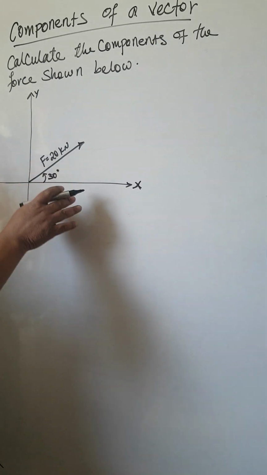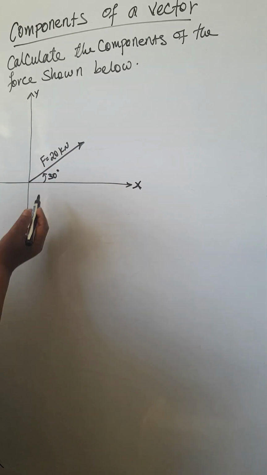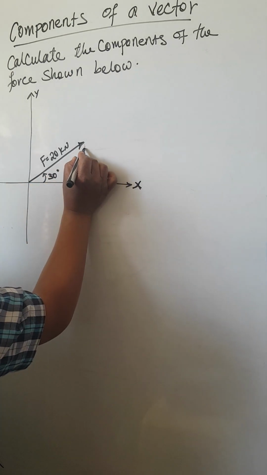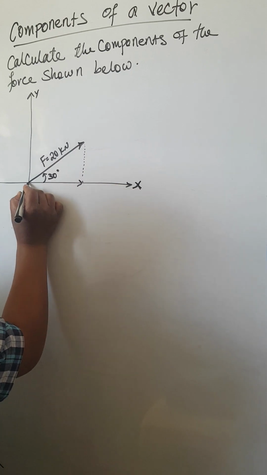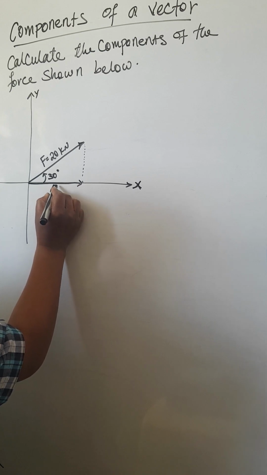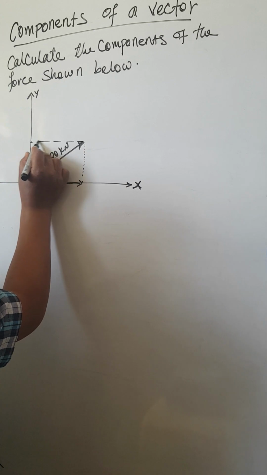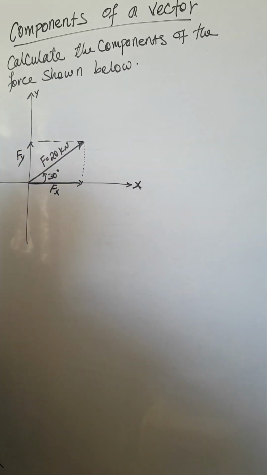In the xy plane, a 20 kilonewton force is making an angle of 30 degrees with the x-axis, which means this force has an x component, which is the force along x, and a y component, which is the force along y.